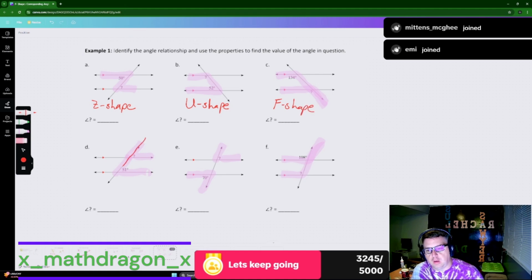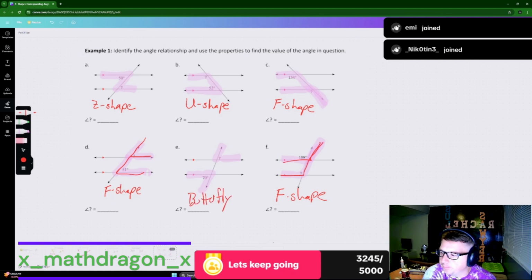And this is an upside down F if you don't see it. F shape. Upside down F if you don't see it. F shape. And these I just call butterfly.